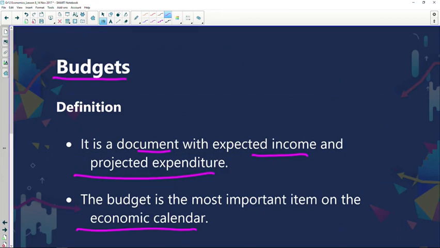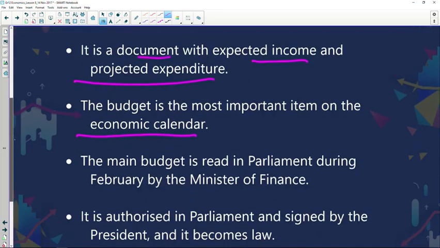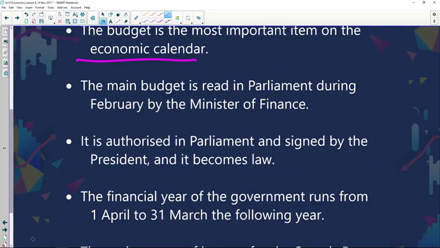We know that the Minister of Finance during February delivers the national budget speech, and after he has done that, various people will give their perspective of what they thought of the minister's national budget. The main budget is read in Parliament during February by the Minister of Finance.